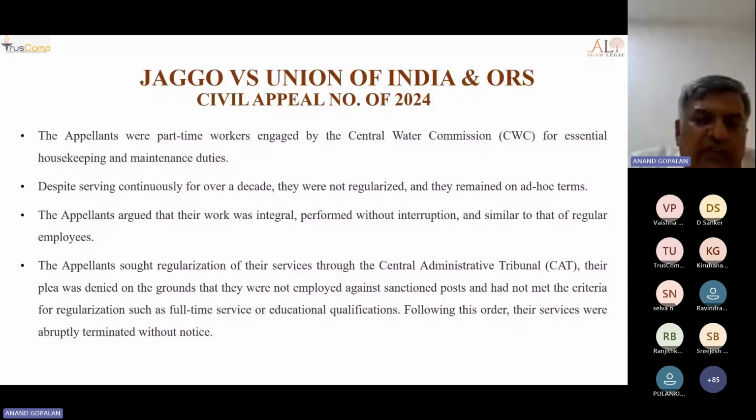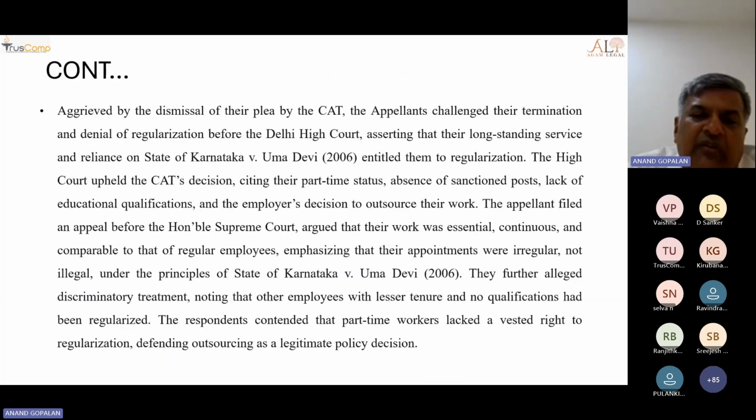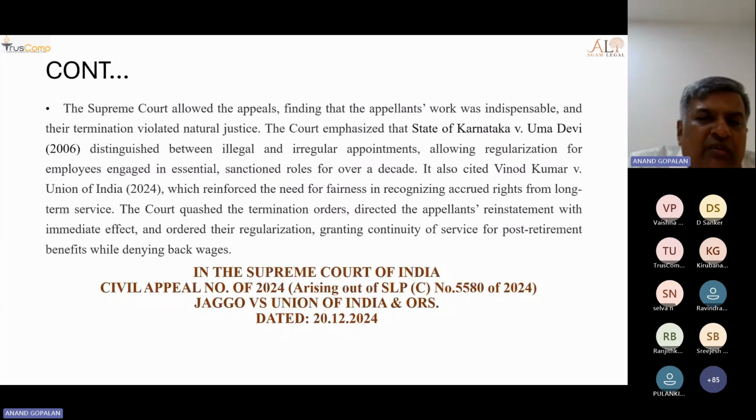Again, this goes into service jurisprudence where employees were working as part-time or casual for a very long time. Following the judgment of Umadevi of the Supreme Court, the CAT and the High Courts rejected the claim for regularization, but ultimately the Supreme Court said because they have been working for a long period of time, they would need to be taken.